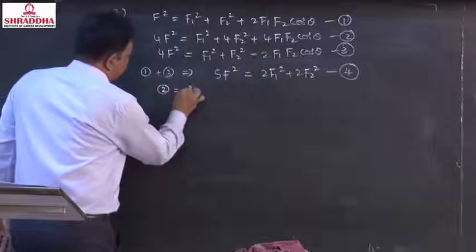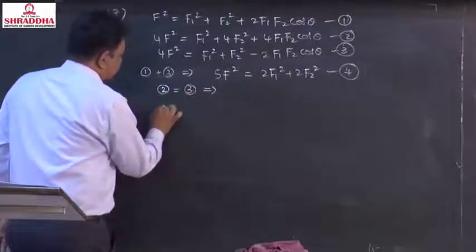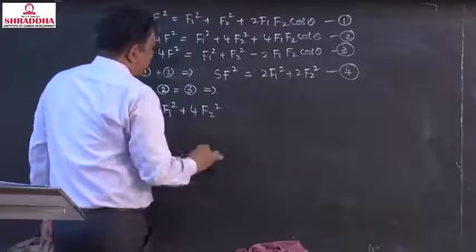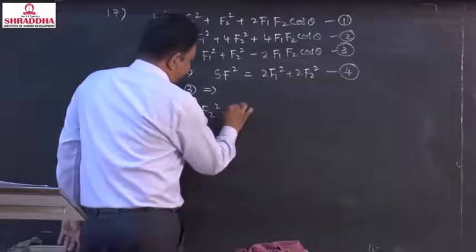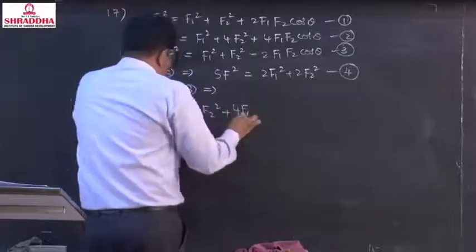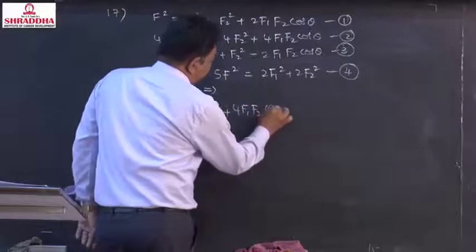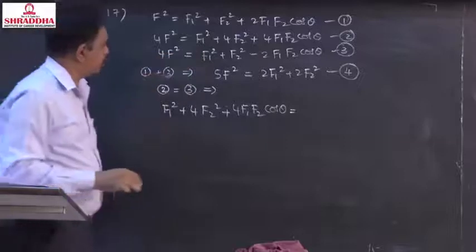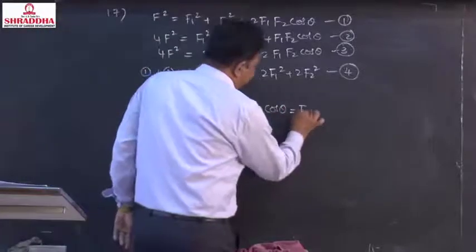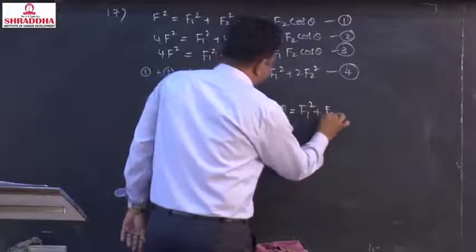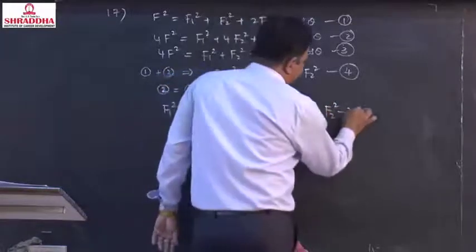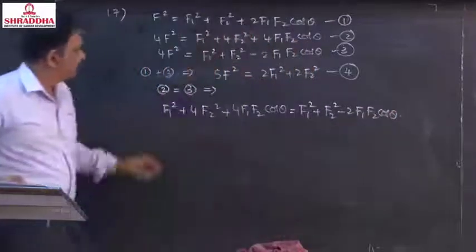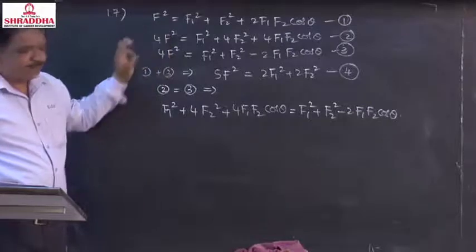2 is equal to 3 implies F1 square plus 4F2 square plus 4F1 F2 cos theta is equal to F1 square plus F2 square minus 2F1 F2 cos theta. We equated these two.